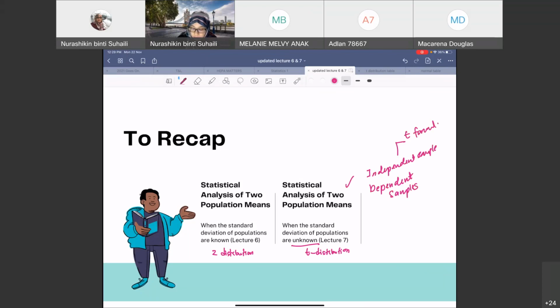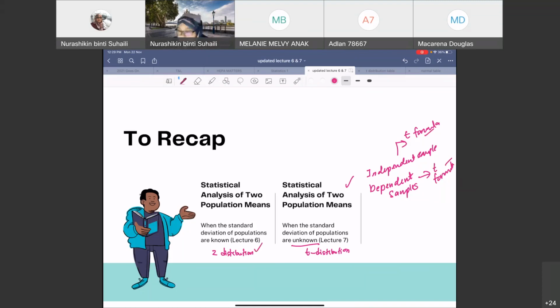You have to understand the problem first in order to know whether the samples are independent or dependent, because that will lead to a different T formula. The rest are the same. You compare the T tabulated with the T computed, and the decision rule is the same. The only difference is the formula, the formula for Z.